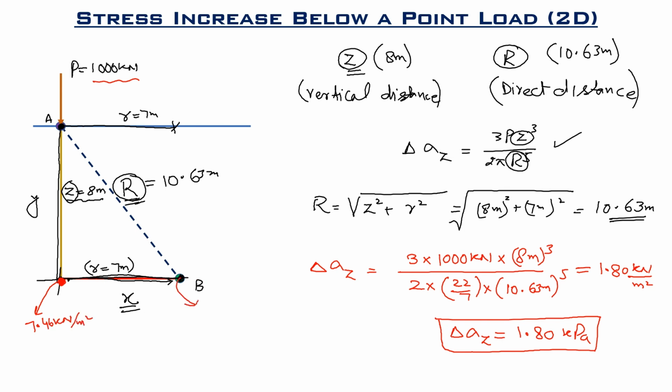At this point, the stress is 1.8 kilonewton per meter square. This stress is greater than 1.8. It means that at the same depth, when you move horizontally away from the vertical line of the load, the stress will decrease.